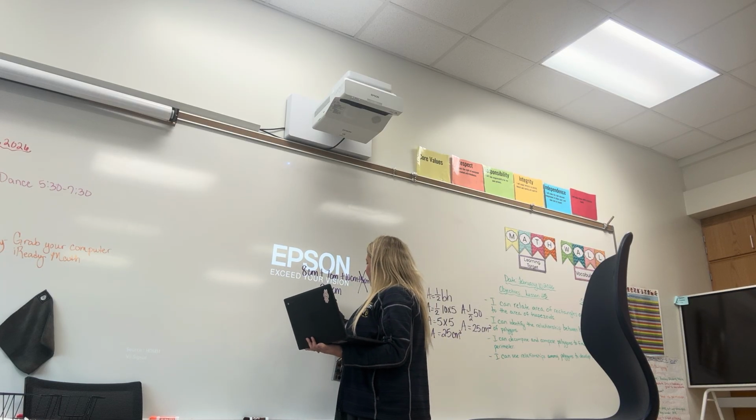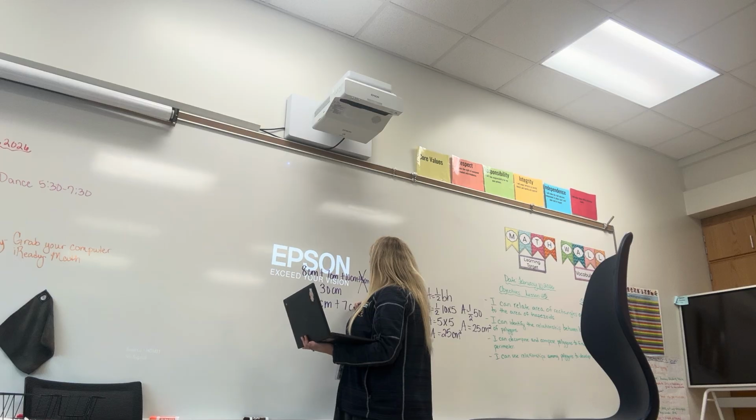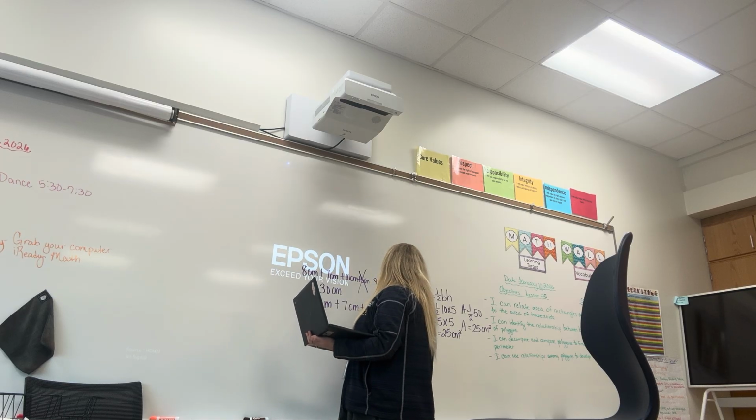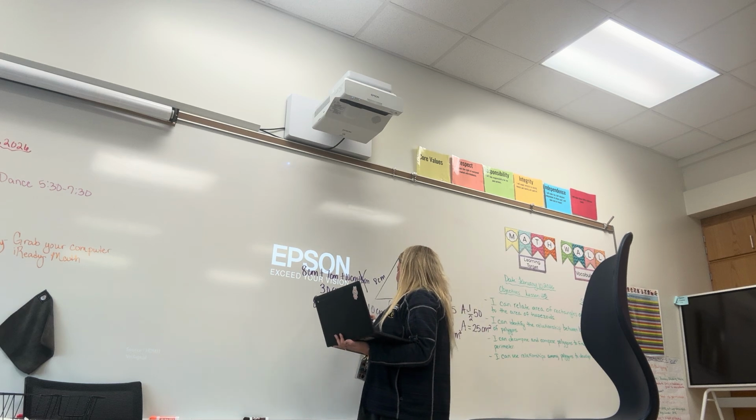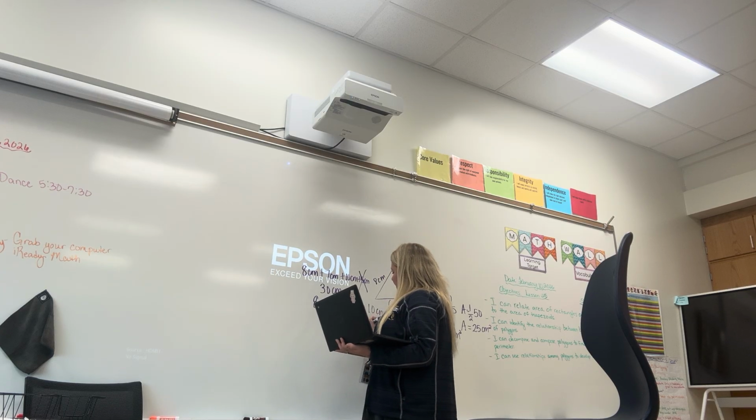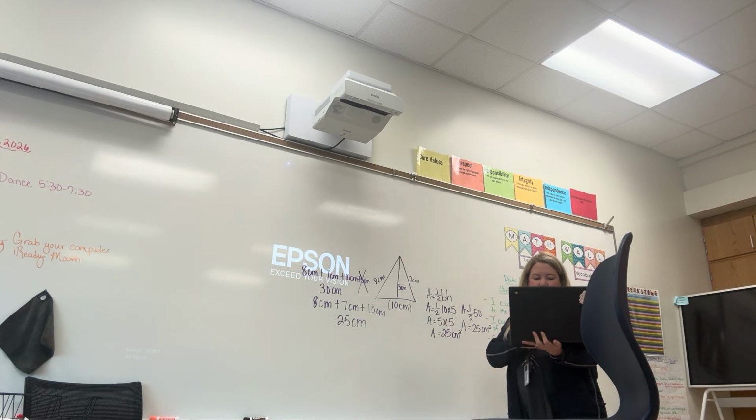It's 8 centimeters plus 7 centimeters plus 10 centimeters. I only do the outside, not the inside. I can't include height. So 18 plus 7 is 25 centimeters is my perimeter.